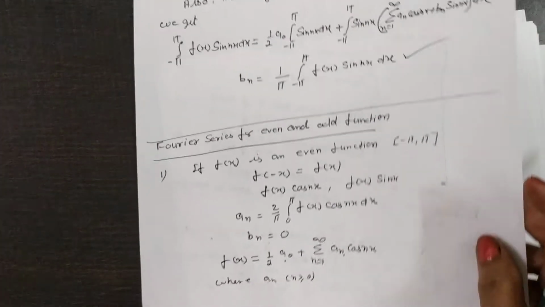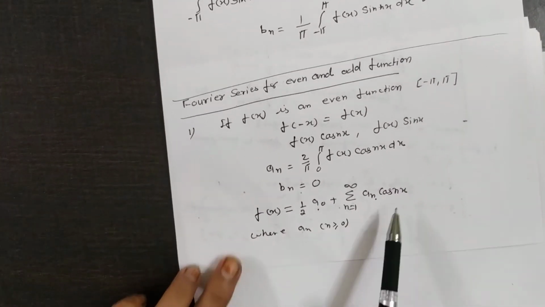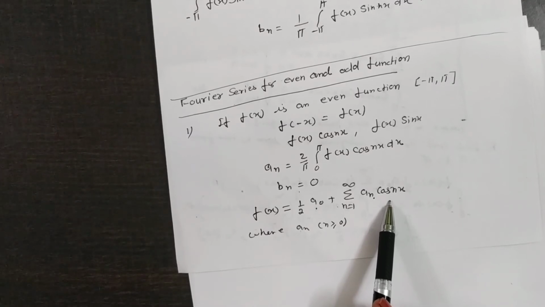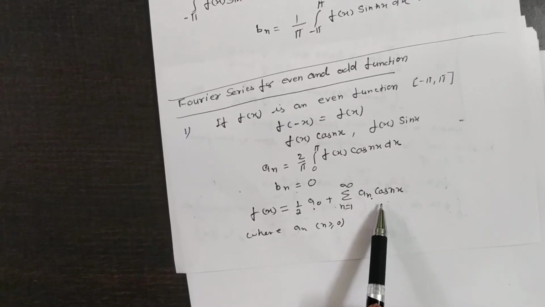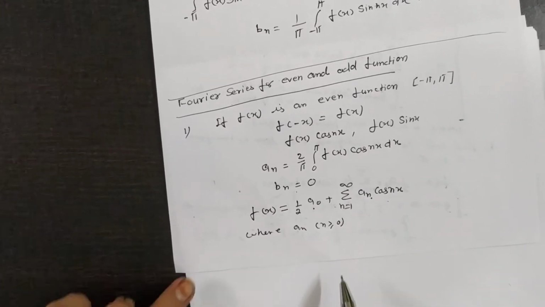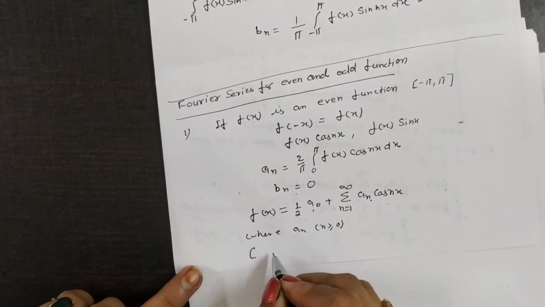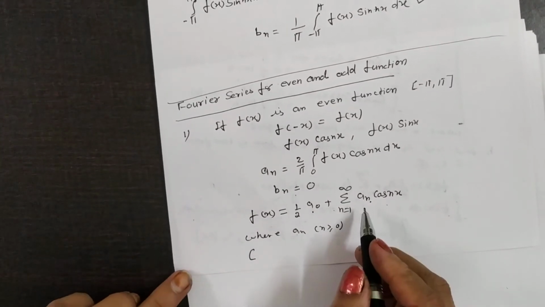You get only the cosine series, therefore the Fourier series with cosine only.